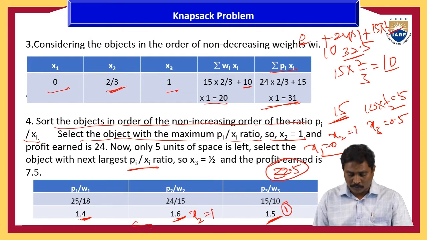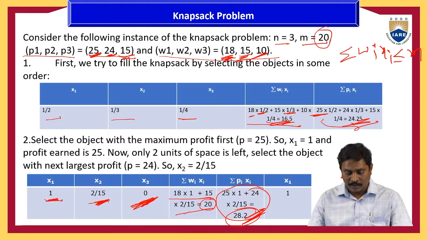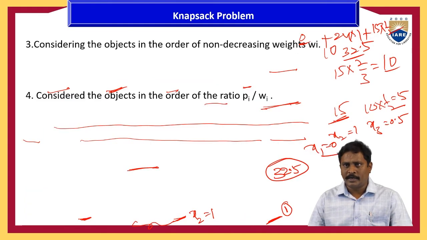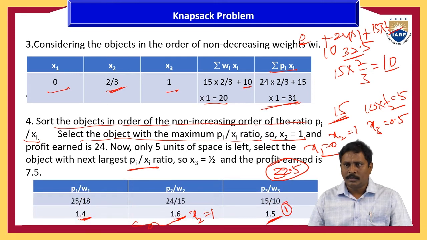Among all these methods, in the first random method we get 24.25 as the profit value, in the second case we get 28.2, in the third case we get 31, and in the fourth case we get 32.5. So the fourth case gives the maximum profit value.